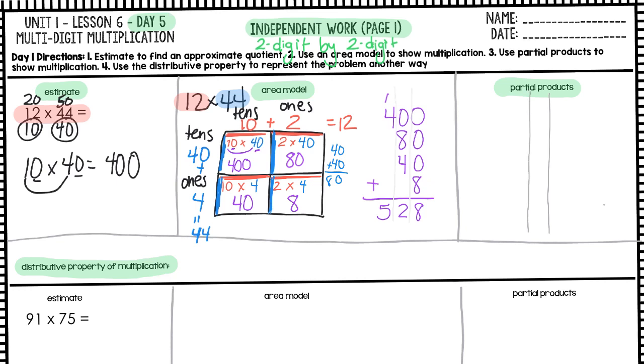This is for my ones place, my tens place, my hundreds place, and then we'll have the thousands over here. So I'm going to quickly write that. Ones, tens, hundreds, thousands. Okay, I was noticing yesterday that some people are really struggling getting the problem in there. So I'm going to write 12 times 44.